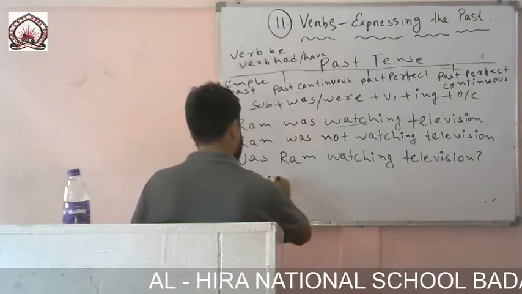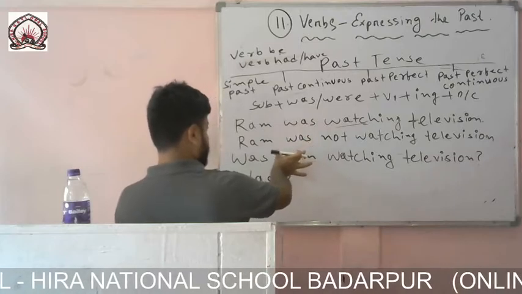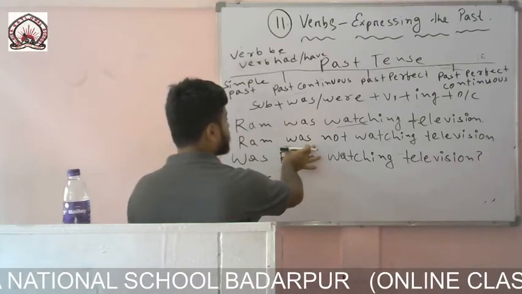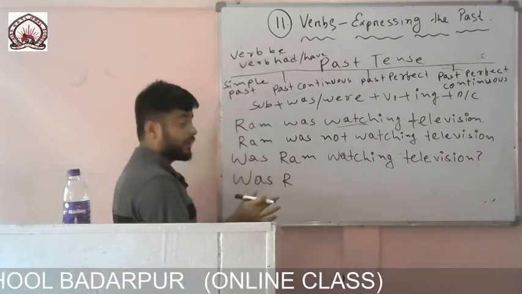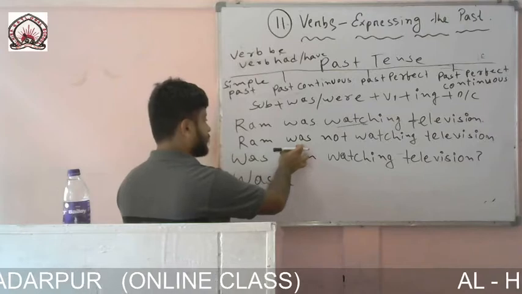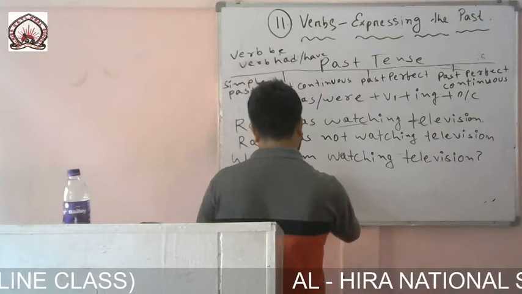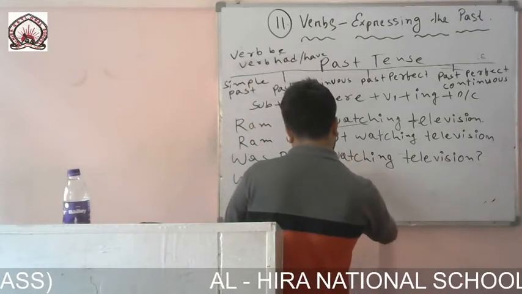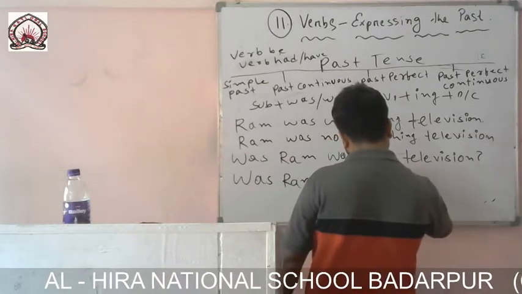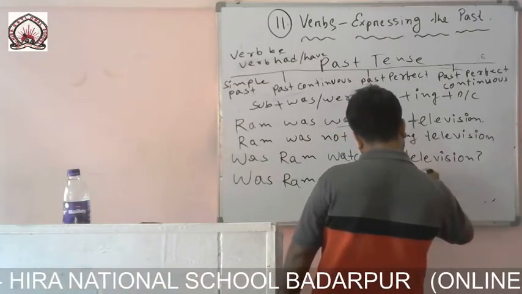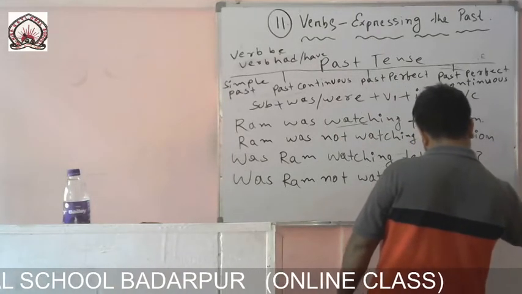With the help of this negative we can write the interrogative negative. The auxiliary verb will come at the beginning. Was Ram not watching television?